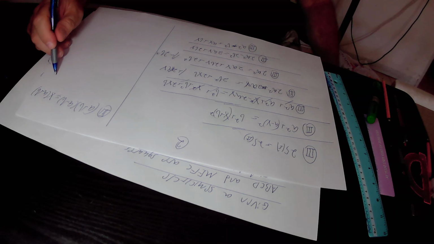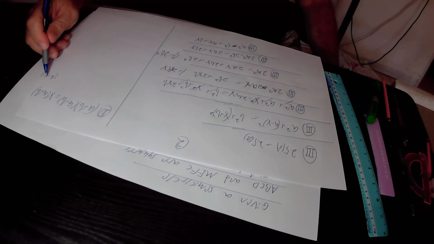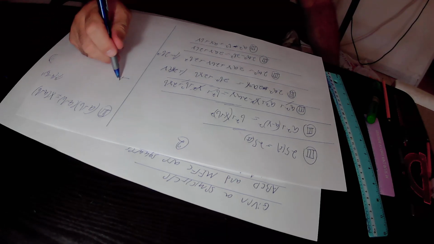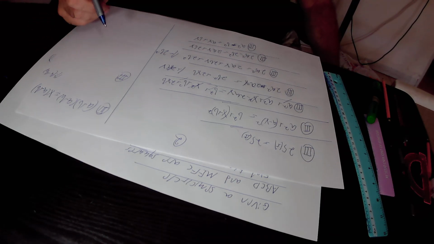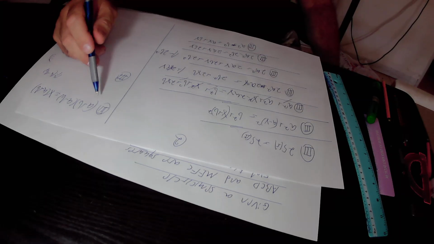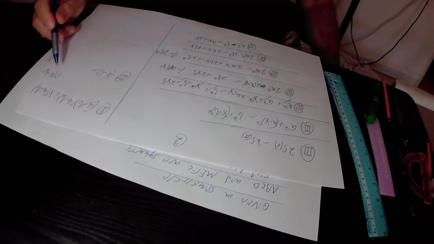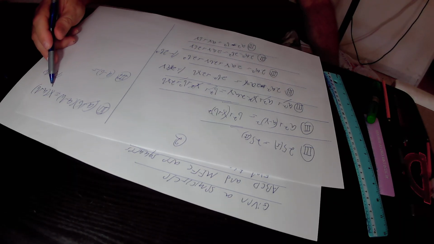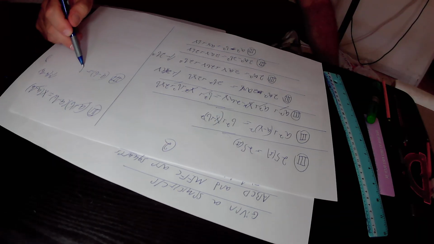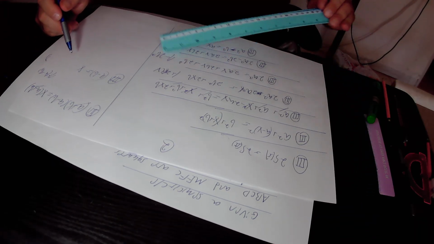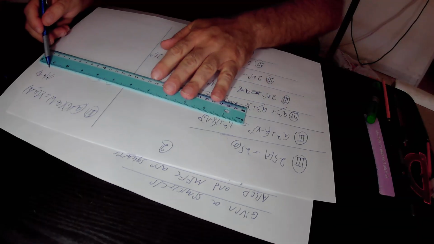So we divide this equation by a plus b, and a plus b gets cancelled, and we are left only with a minus b on this side of equation 3, equal to x, because a plus b also gets cancelled. So in total, we actually found out that a minus b equals x.